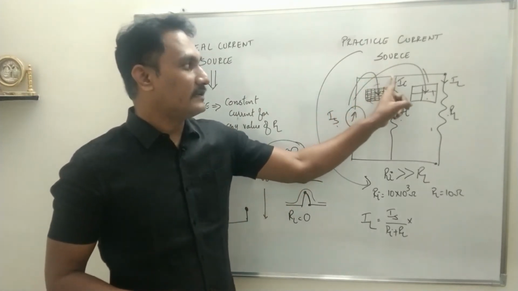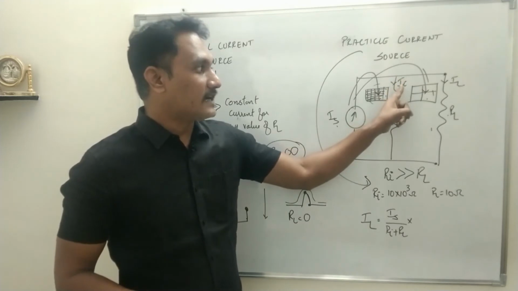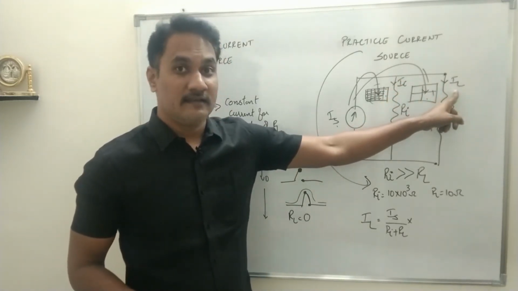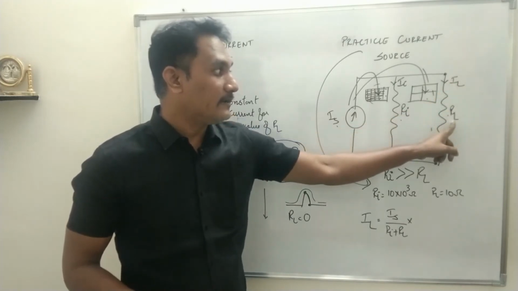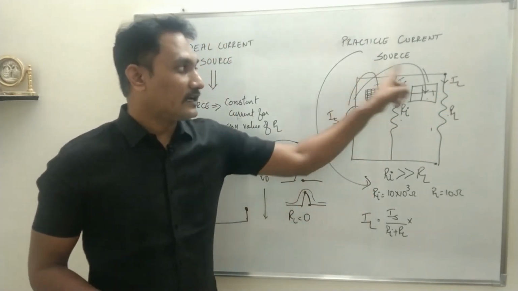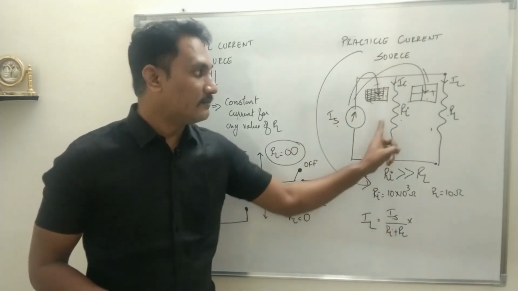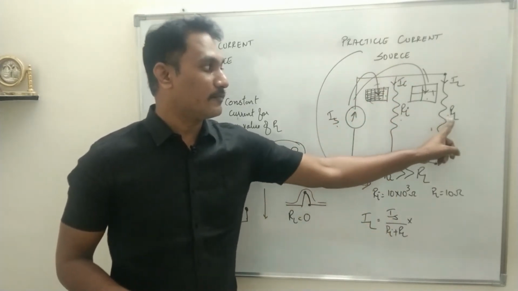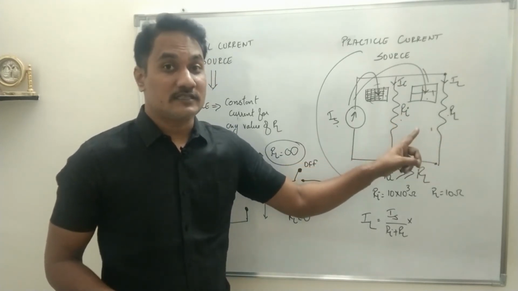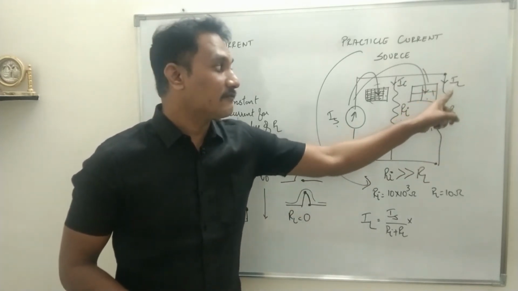Is flows like this, and the current will distribute as II and IL, and the current which we are measuring is IL, so the path is through RL. So when you write the formula, it is total current Is divided by total resistance Ri plus RL multiplied by the resistance across which current is not flowing. IL is flowing through RL.